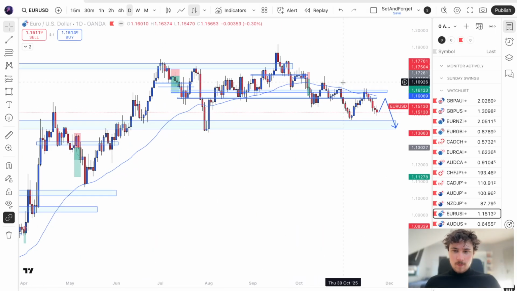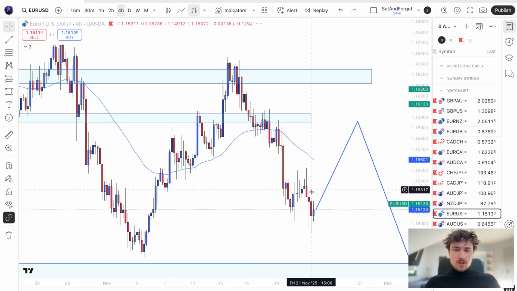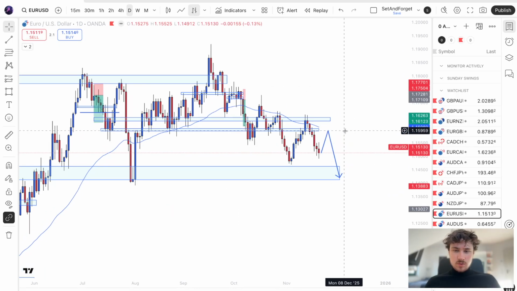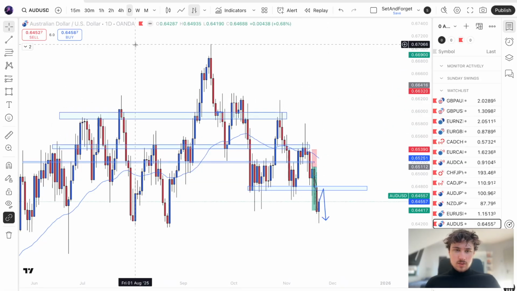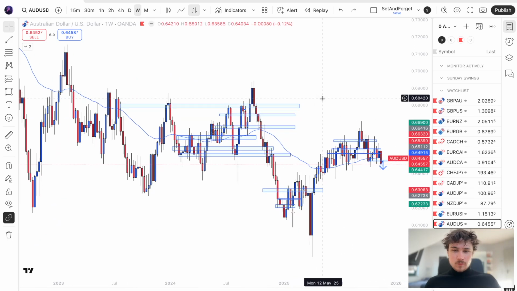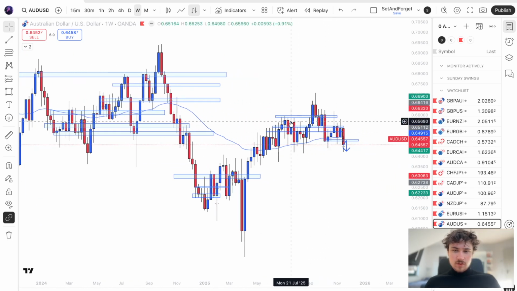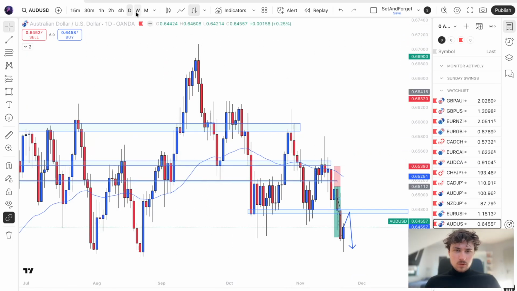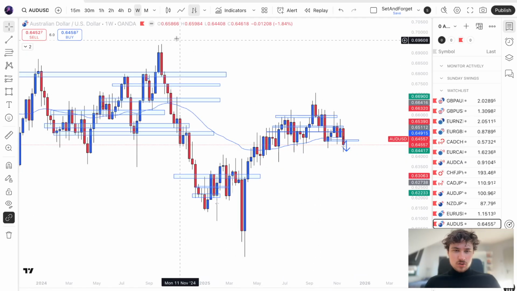Euro USD, I am waiting for something like this, but I'm not going to take this trade this week, I believe. Unless, no, I don't think it's going to be ready this week. And also AUD USD. This looks like it could be a continuation move. We have this head and shoulders pattern. Big bearish engulfing on the last week.